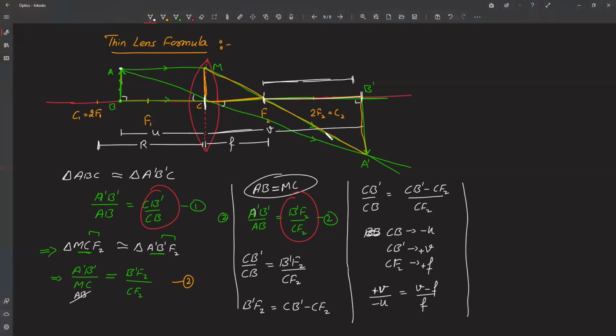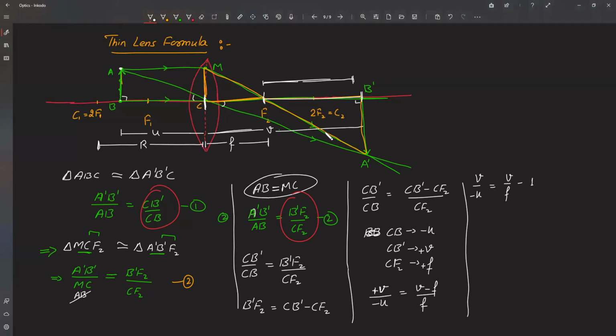Okay, first I'll simplify the right hand side. So this is v by minus u is equal to v by f minus 1, or just remove the 1, v by f minus 1.